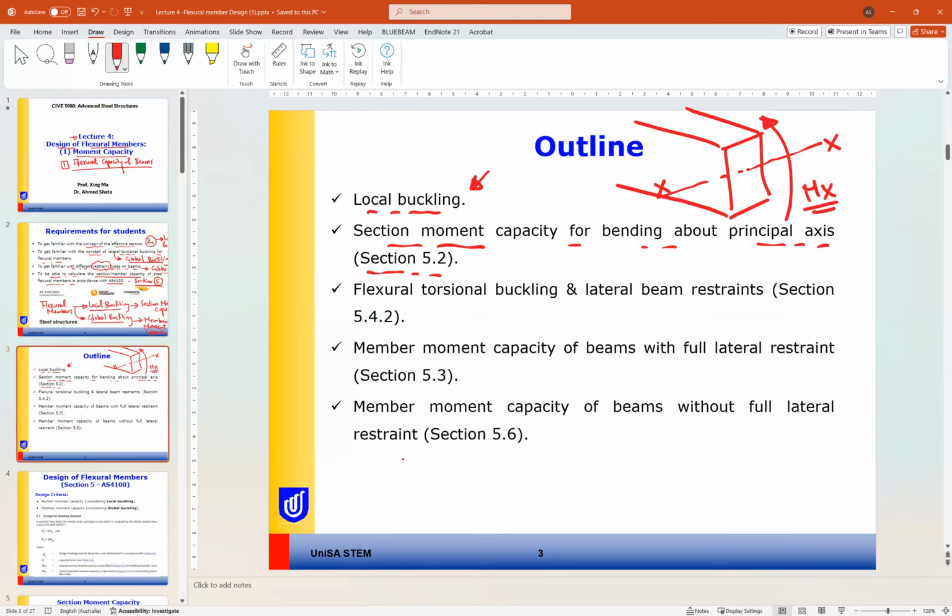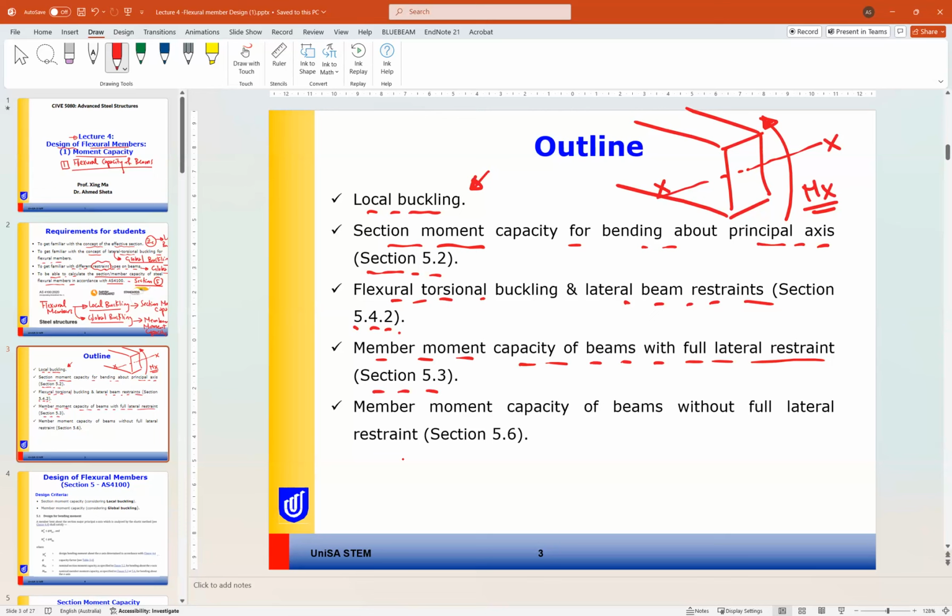So mainly we are studying bending or flexure behavior about the principal axis X. And we will also study the flexural torsional buckling and the lateral beam restraint, section 5.4.2, and then the member moment capacity of the beam with full lateral restraint, section 5.3.